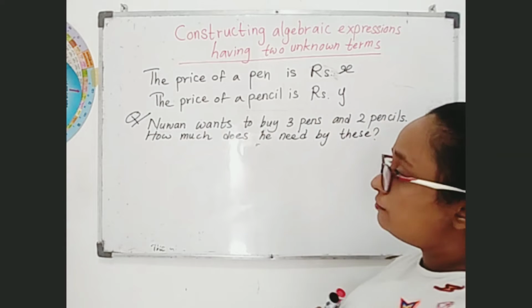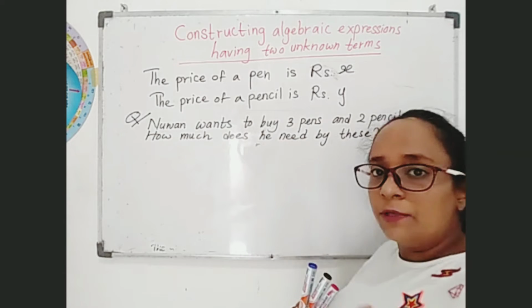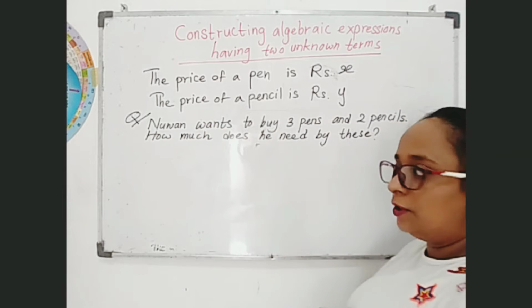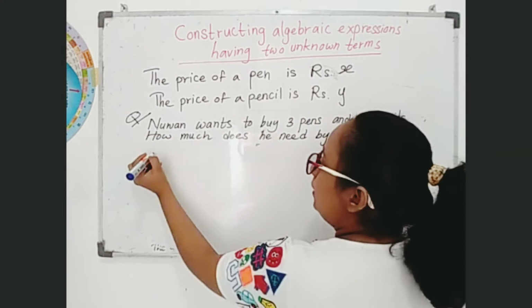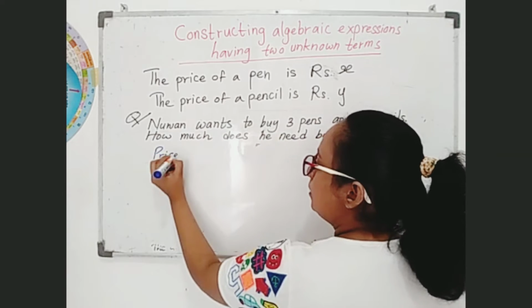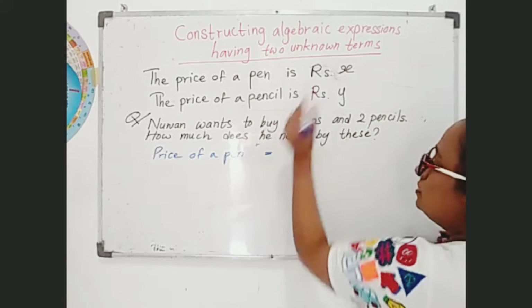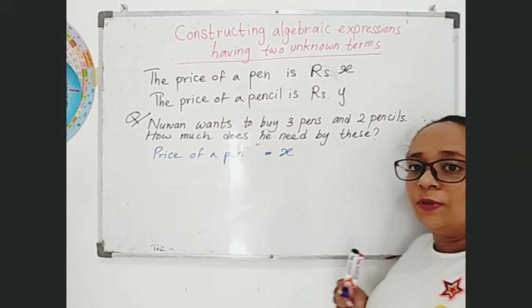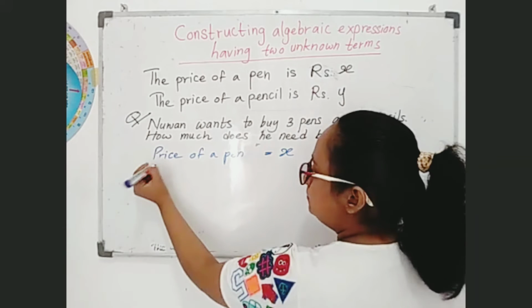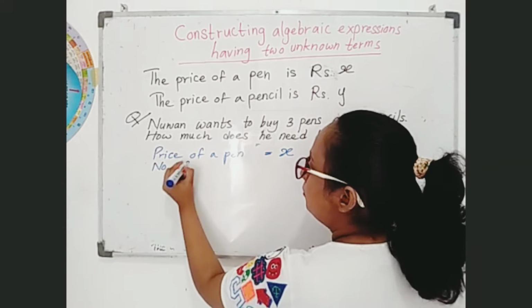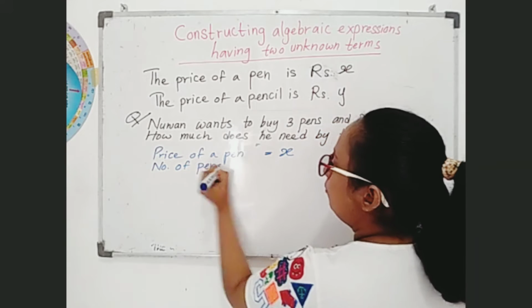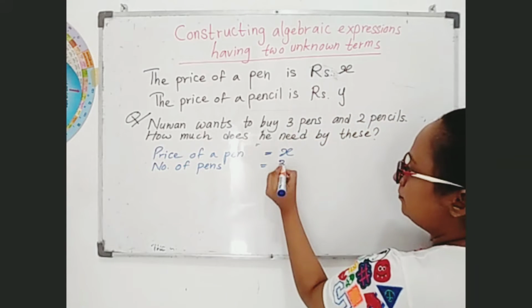So first of all we have to go writing statements. අපි වගන්ති ලියලා තමයි මේක කරන්නේ. Right? So first we write price of a pen. Price of a pen is rupees X. Then number of pens. Number of pens he needs to buy is 3.